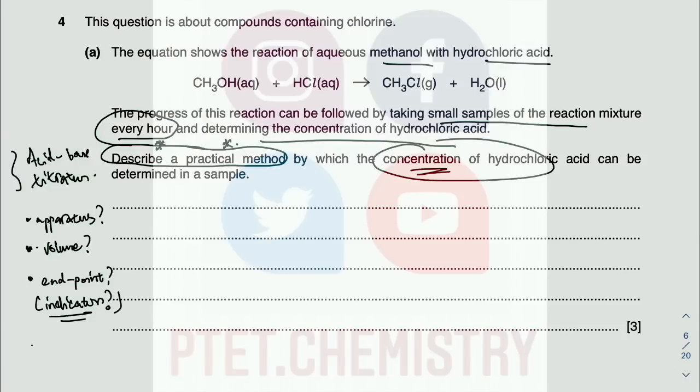Okay, from there then you should probably work out an equation. So you can use things like NaOH. So this is from the sample of the reaction mixture. Then you can get NaCl plus H2O.